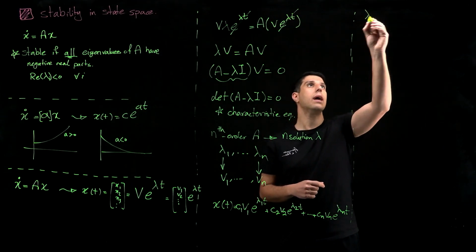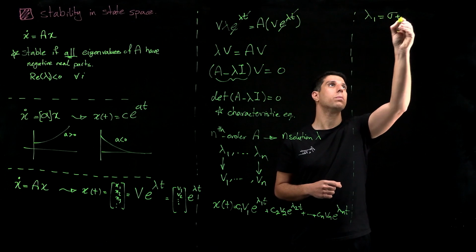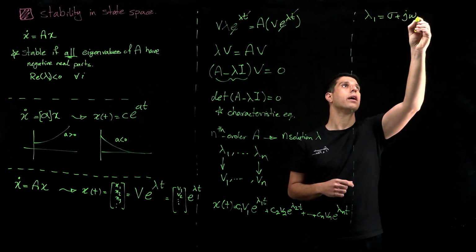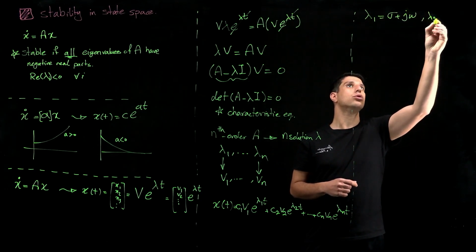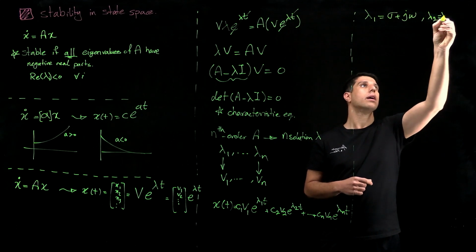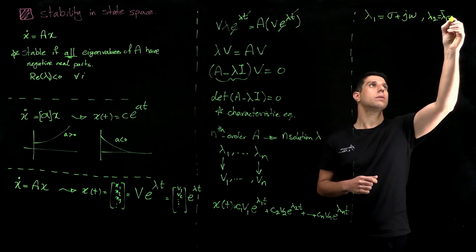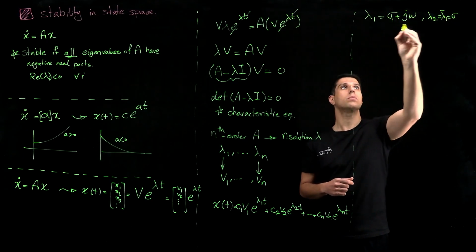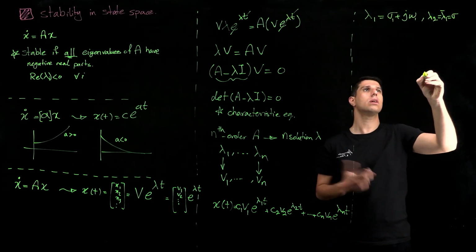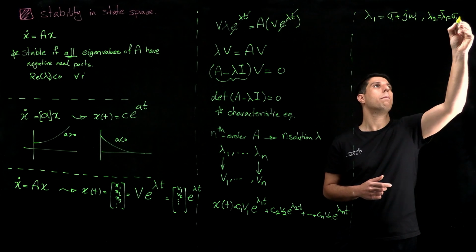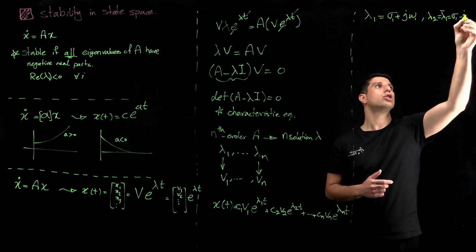So if my lambda 1 is some sigma 1 plus j omega 1, my lambda 2 will be lambda 1 complex conjugate, which is sigma 1 minus j omega 1.